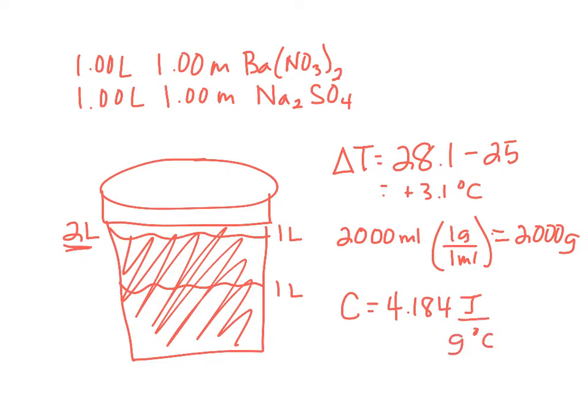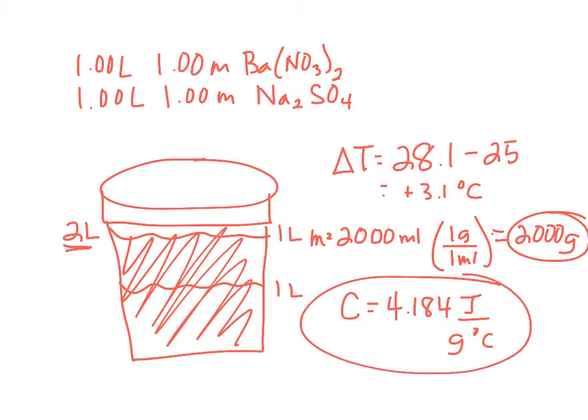So look, we have our three things. We have our Q equals m c delta T. Well, there's our m, 2,000 grams. We have our c, specific heat, and we have our delta T. And so now we can calculate the enthalpy of this reaction. So let's calculate our Q with the things we know.